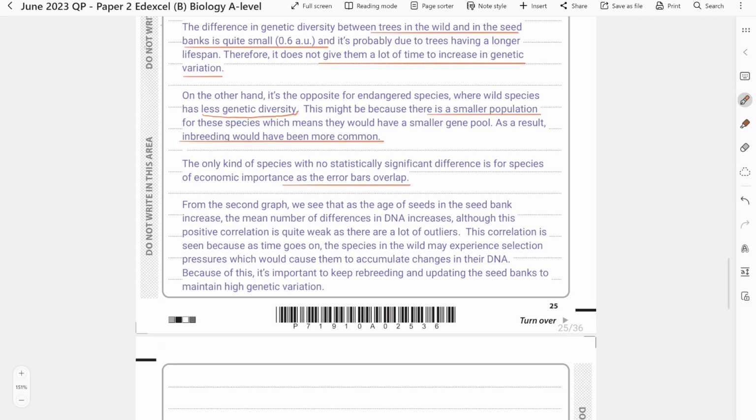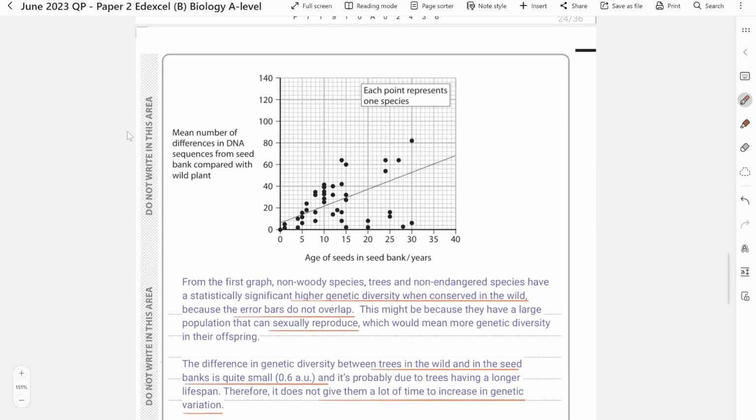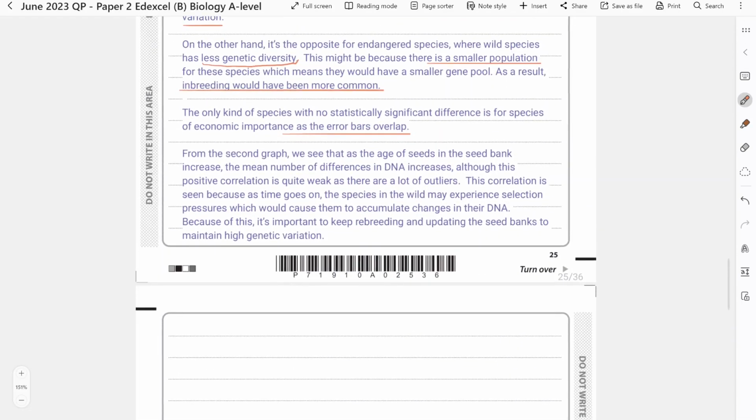Now, I also commented on the second graph, as you can see here. So the first thing I did was comment on the trend. We can see that as the age of seeds in the seed bank increases, the mean number of differences in DNA sequences also increases. And I wrote that there was a positive correlation, but that positive correlation would be a little weak.